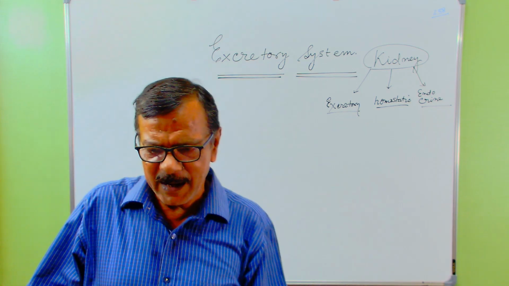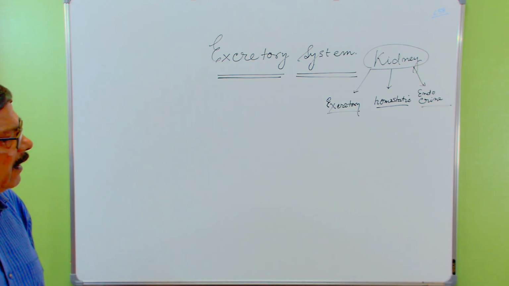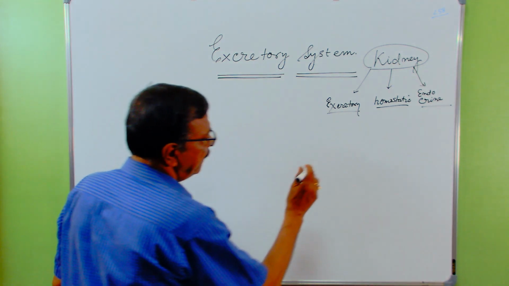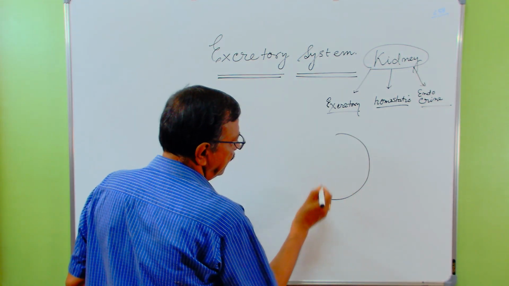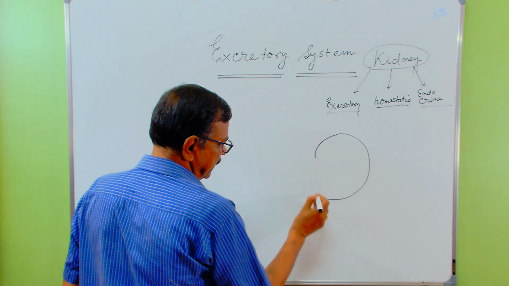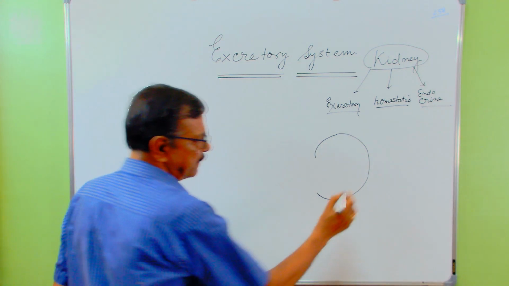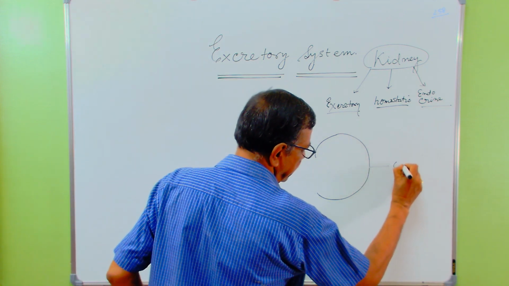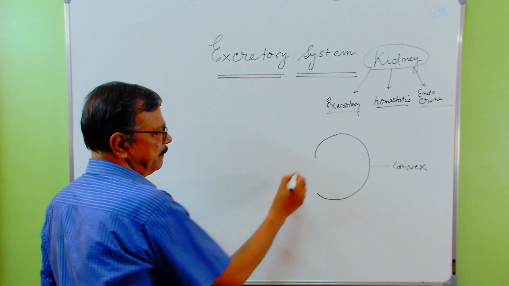We know that we have two kidneys. So kidneys are like this. The outer side is convex and this side is concave.